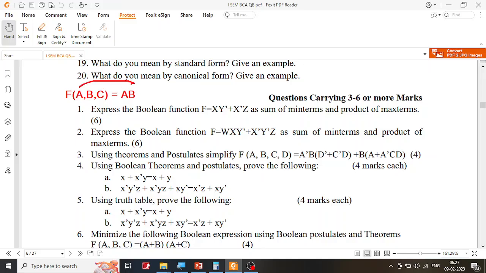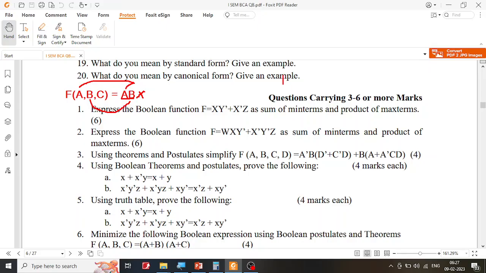A is there, B is there, but C is missing. So even though it is a product term, we cannot call it as min term because it does not contain one of the variables. So we need to do something to add that one missing variable.